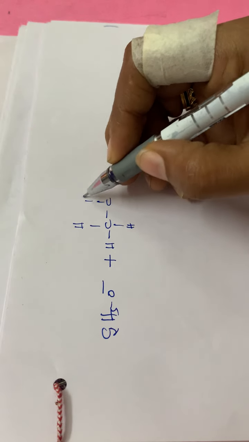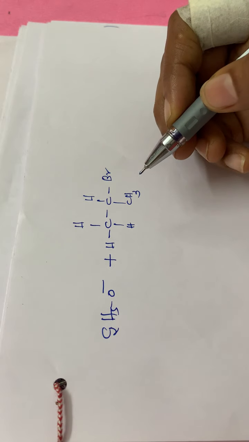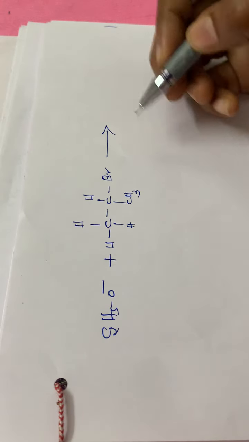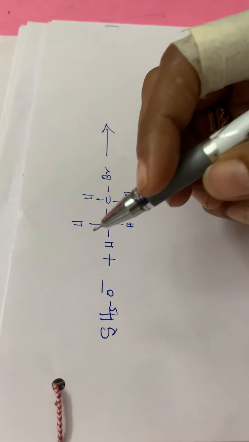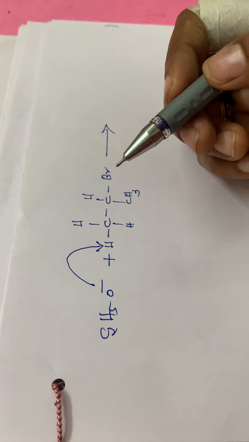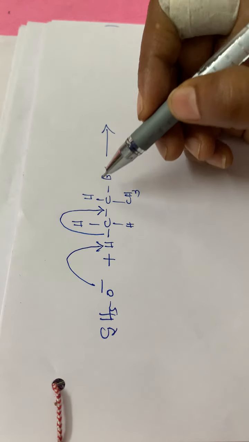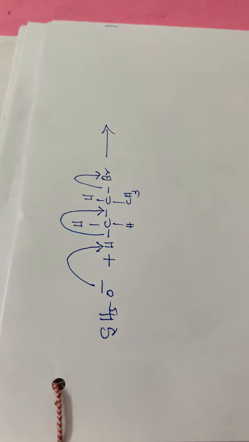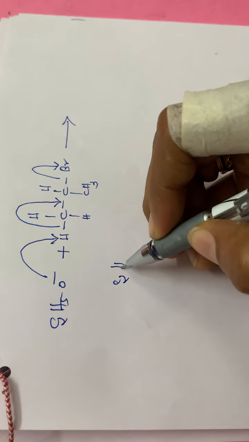So what happens? A carbocation will not be formed. We have proved that the reaction follows E2 mechanism. So this C2H5O minus will be abstracting this proton. This electron pair will be shifting to this position. This Br minus will be eliminated. Okay. So the reaction will be going on like this.